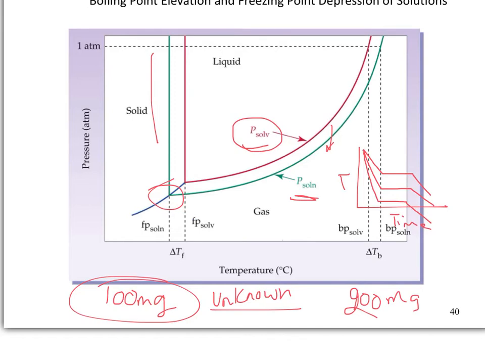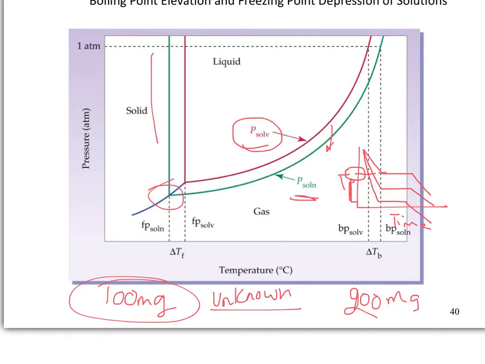So you would be able to plot and figure out for yourself the difference in the depression in the freezing point from the curves. You would be able to determine that from the curves and plug that value in, because this depression is directly proportional to the molality of the system.